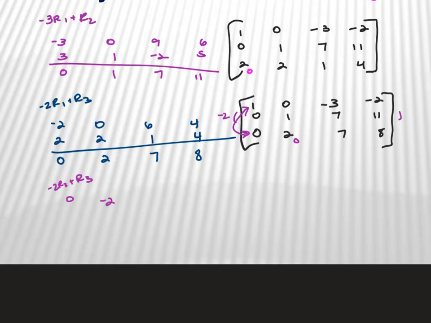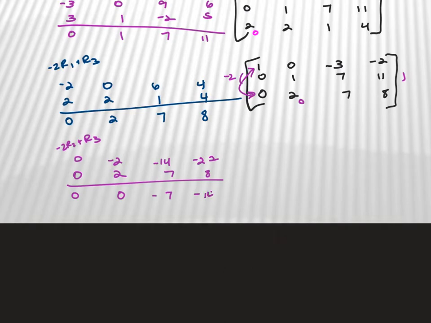Okay. So what am I doing? -2 times row 2. 0, -2, -14, -22, 0, 2, 7, 8. 0, 0, -7, -14. And that takes the place of row 3.